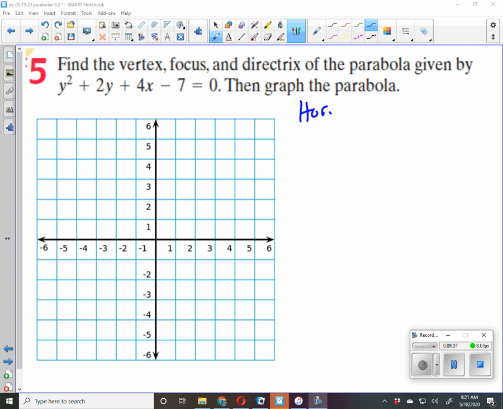This is going to be y squared plus 2y plus something equals -4x plus 7 taken to the other side, right? Half the middle term squared is 2, and I probably should let you guys try to finish this, and I'll pause it and let you guys come back and finish.